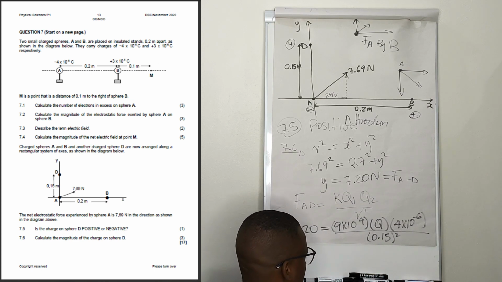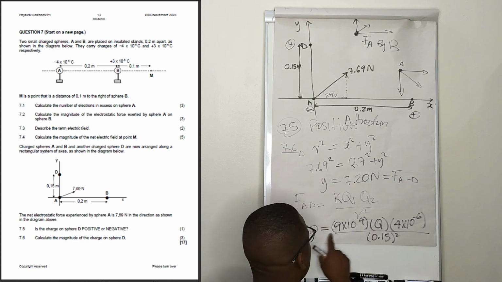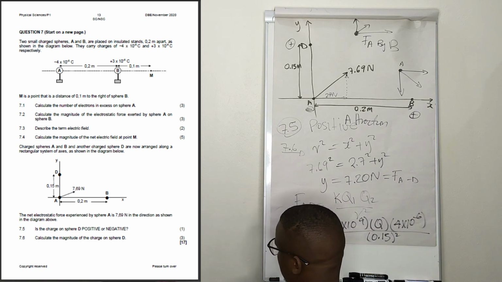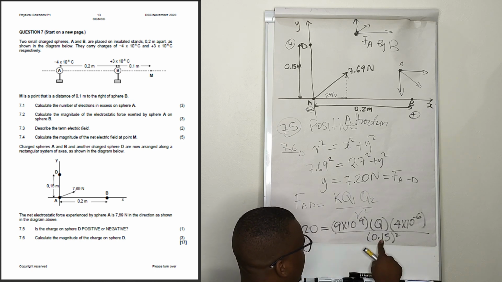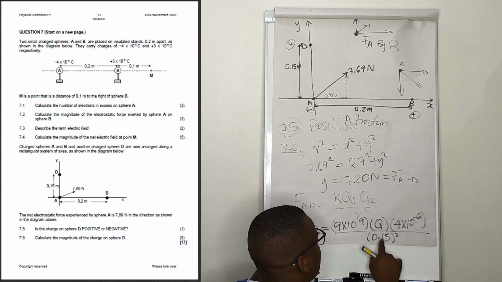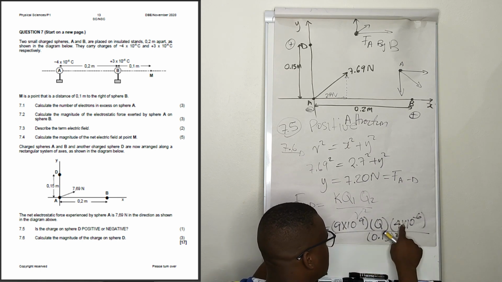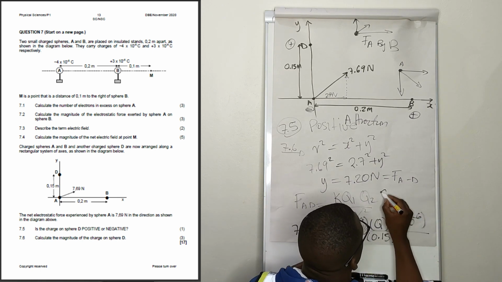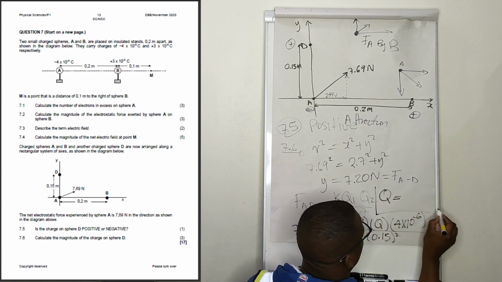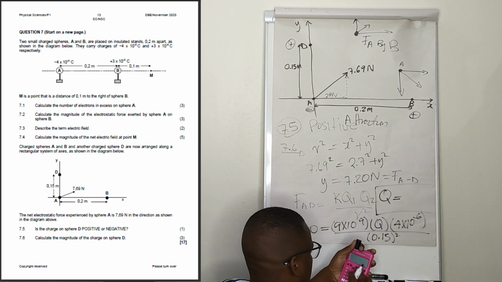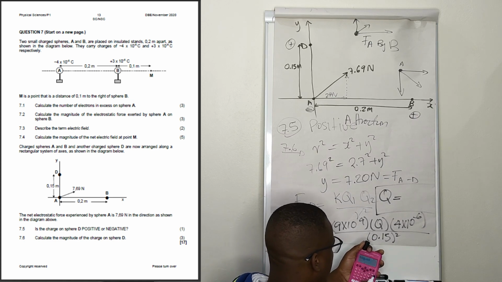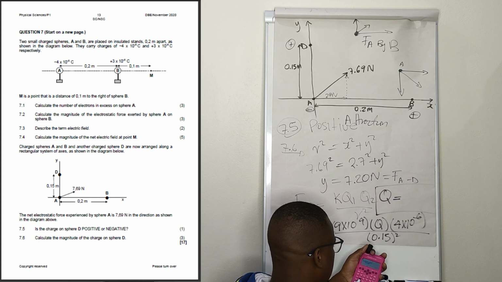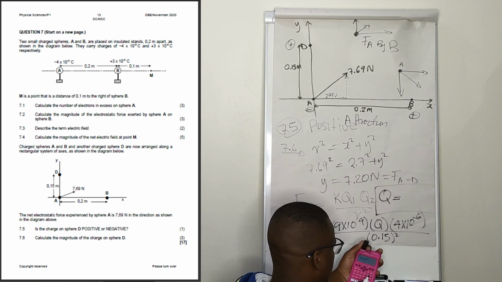From this, we are solving for Q. So you find that your Q is equal to 7.2 times 0.15 squared divided by 9 times 10 to the 9 times 4 times 10 to the minus 6.